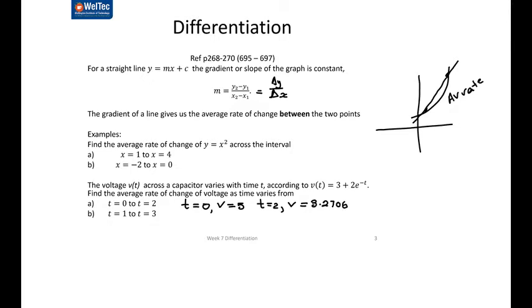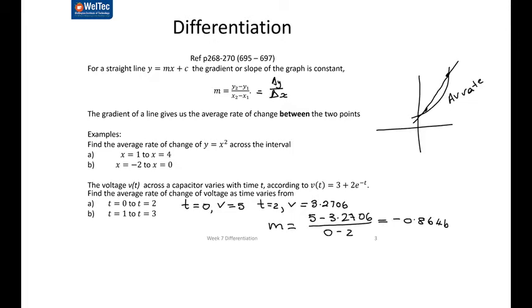Once we've found those values, it's a matter of putting them into the rule for m. Remember, we're finding the average value here. So it would be 5 minus 3.2706 divided by 0 minus 2, and that gives us an average rate of change, or the slope of the line that's joining those 2 points, as negative 0.8 something.